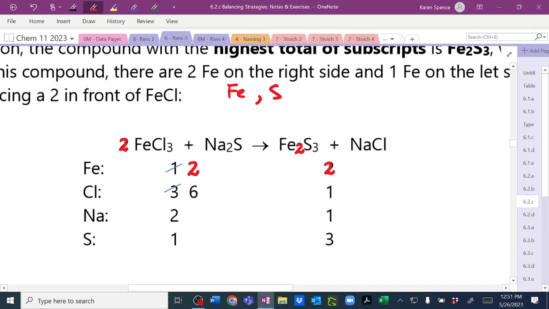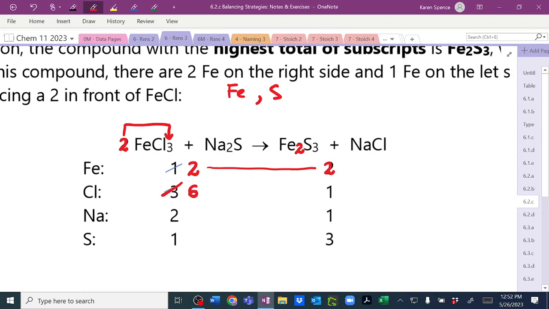But remember, that will also change the chlorine. How many chlorine do we have now? 6. So we would need to change that to a 6. Now we have balanced Fe. That looks great. Who will we balance next?